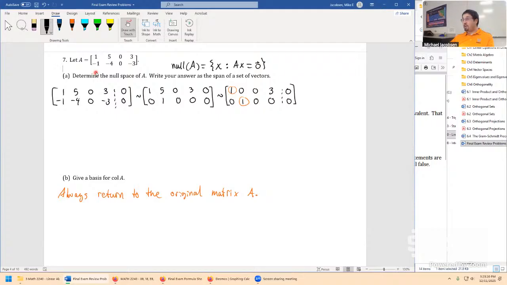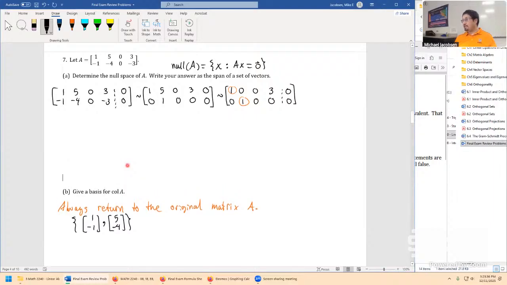But in the cases where it's not the entire space R2, coming back here is for safety. So 1, -1, this one is also a basis. 5, -4. And that solves part B, the basis for the column space of A.